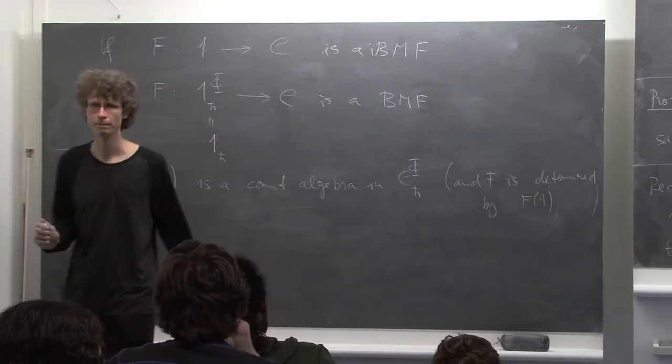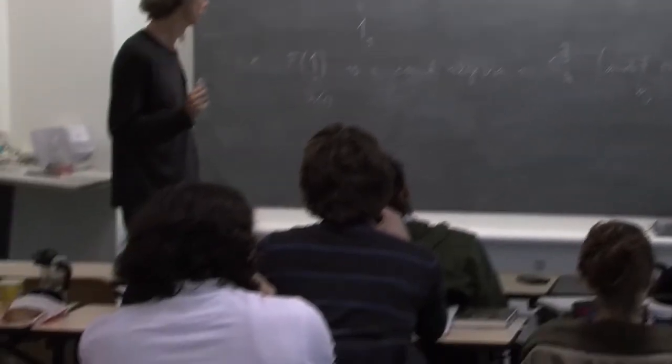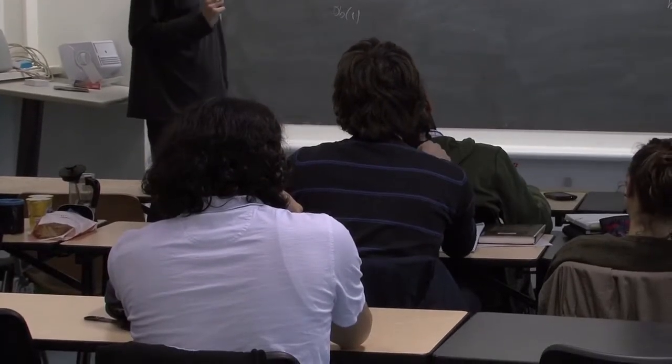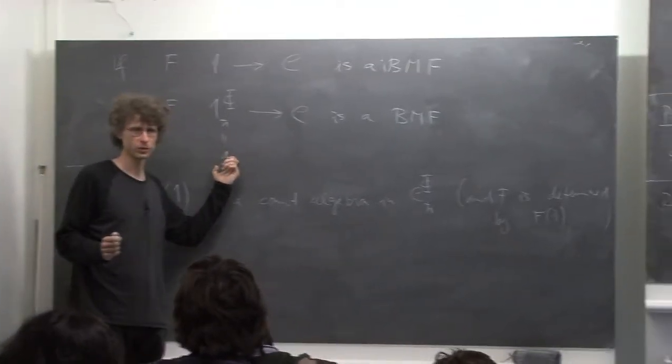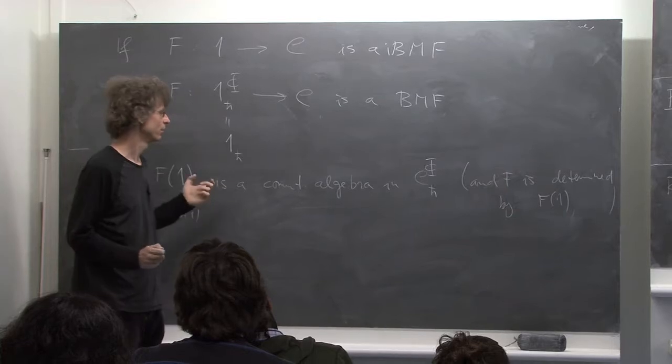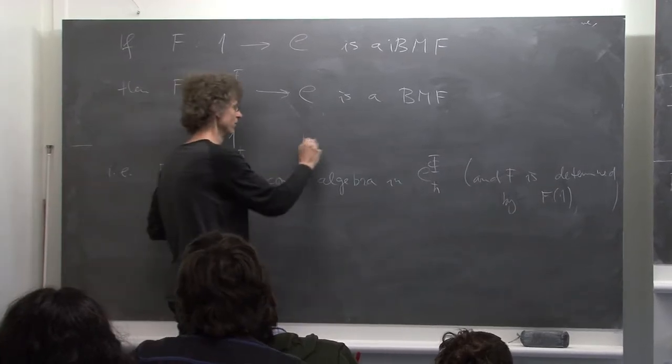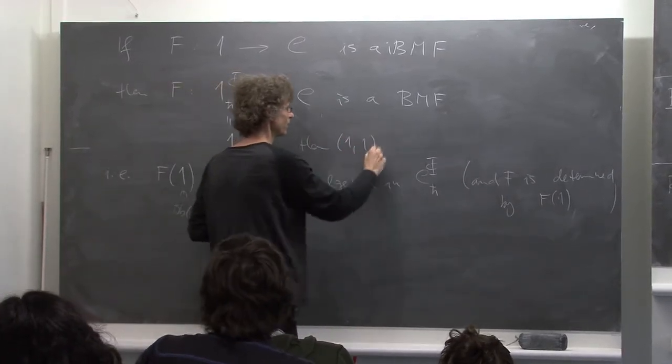Sorry. When you say that one H bar is exactly the same as one, the morphism should be... Yeah, that's right. So morphisms here are now formal power series. Yeah, 1 is k.